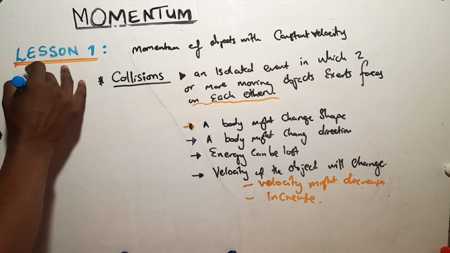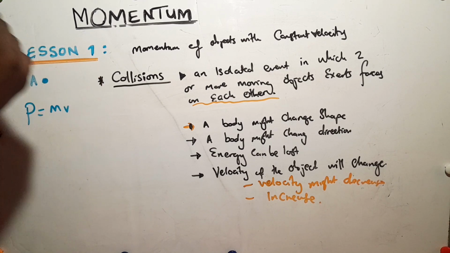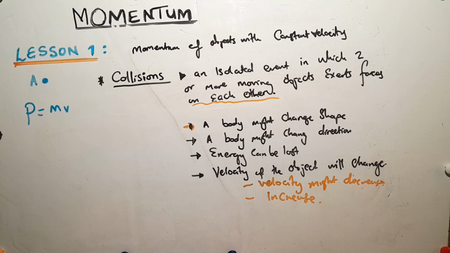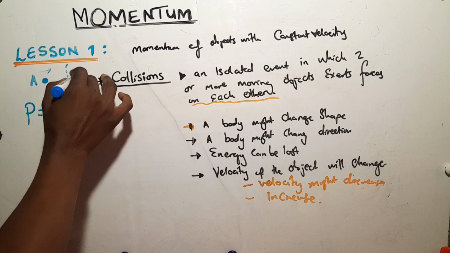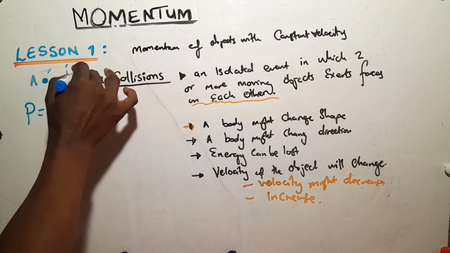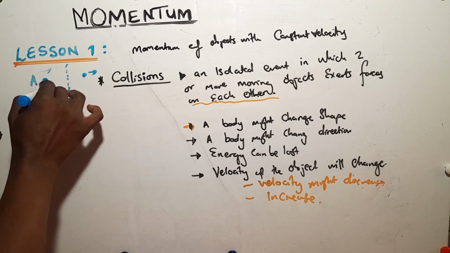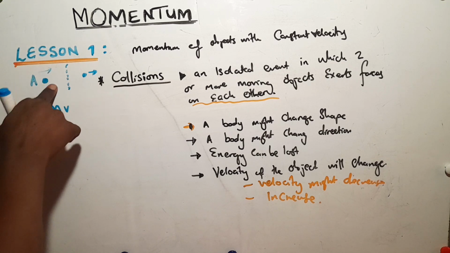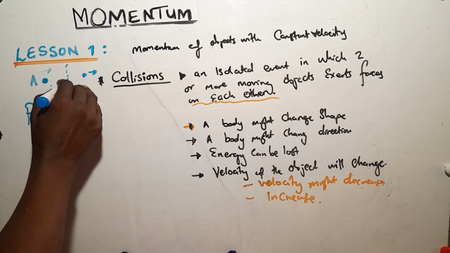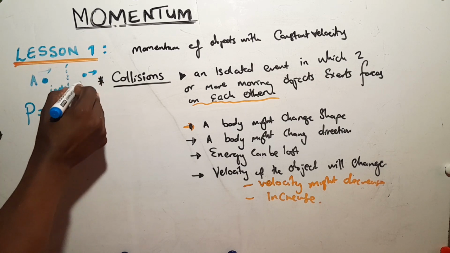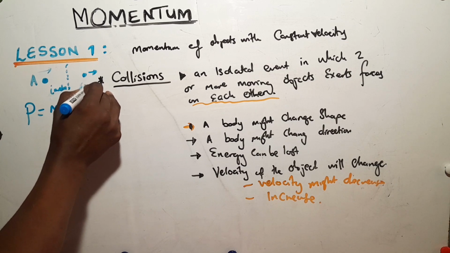So mostly we separate the situations of these objects as before or after the collision, right? Maybe this object was moving, then it collided here, and then it continues to move but with less velocity. This is before the collision, or we can just represent this as initially. And this is after the collision, which we represent as final.